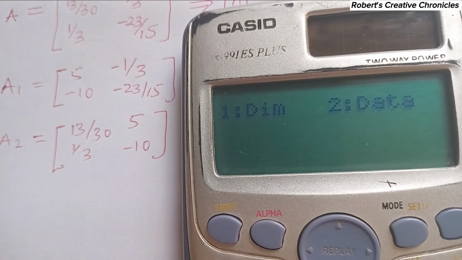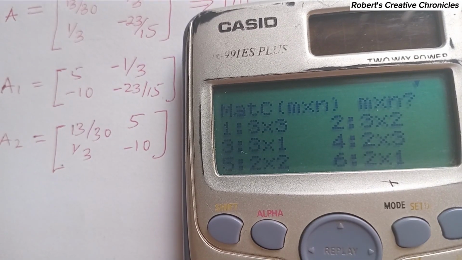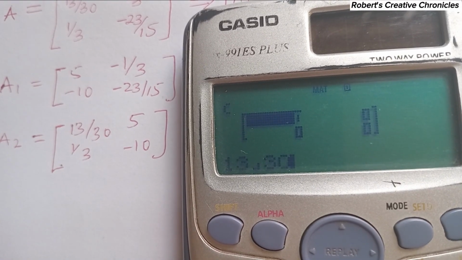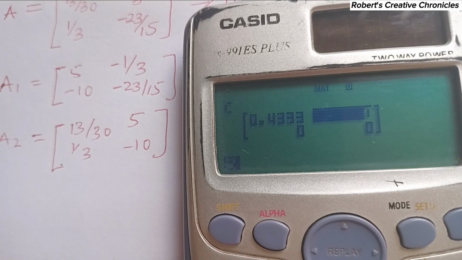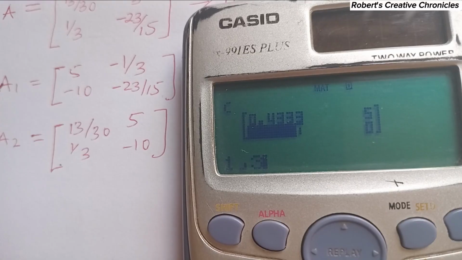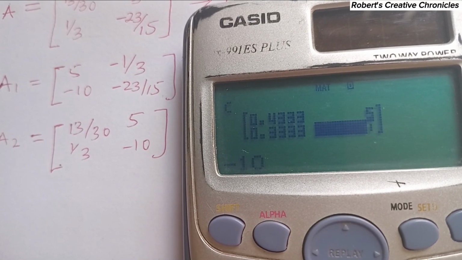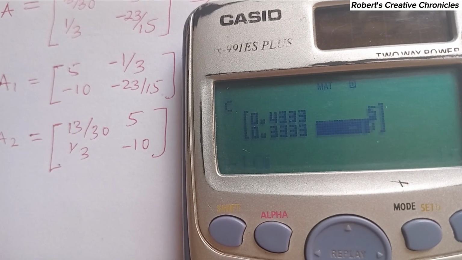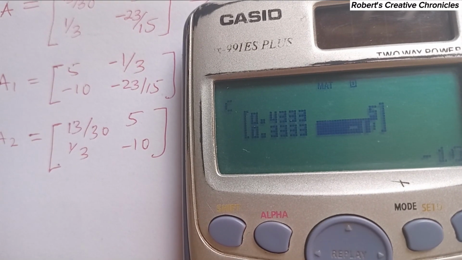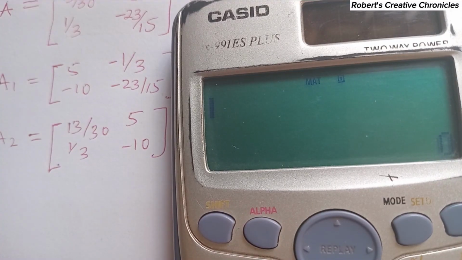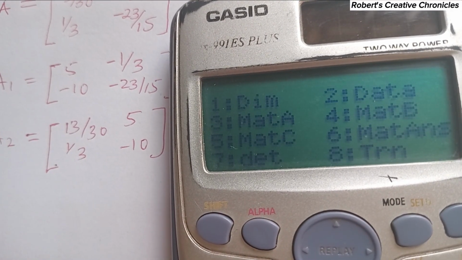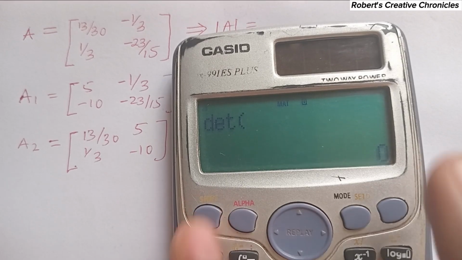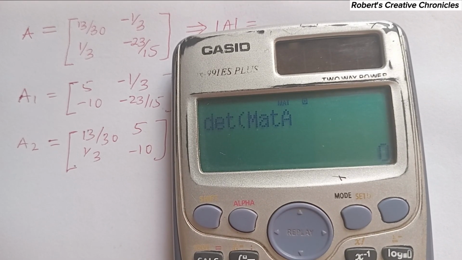Shift 4, 2, 3, 5, 13 over 30, 5, 1 over 3, minus 10, minus 10. Then we'll save everything as an answer. Then now we can find the determinant. So 7, shift 4, A.